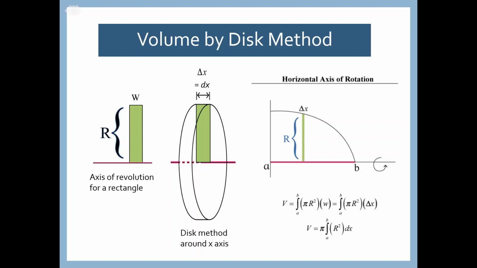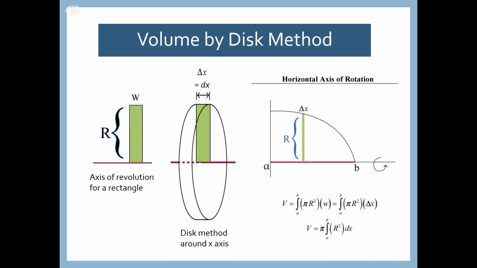This rectangle creates more than just one circle because it has a thickness or width, which looks like a disc. The volume of this single disc is defined by V equals the area of the base multiplied with the width, which is equal to pi r squared dx.